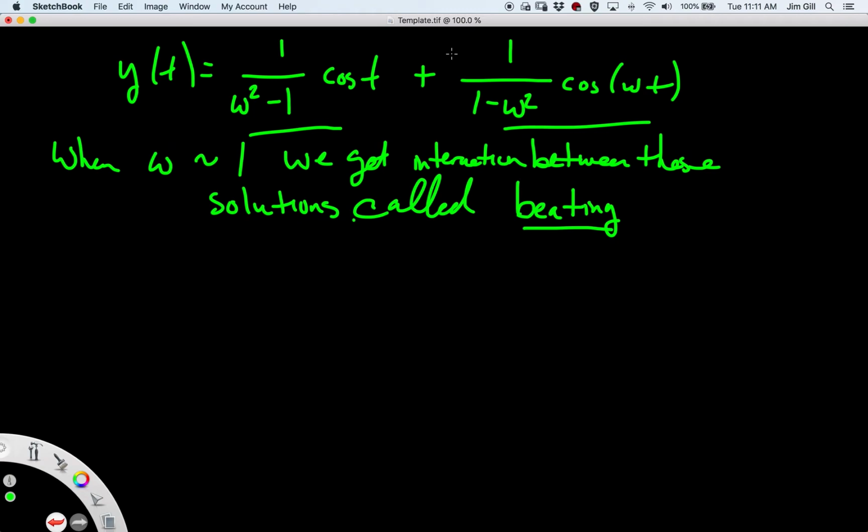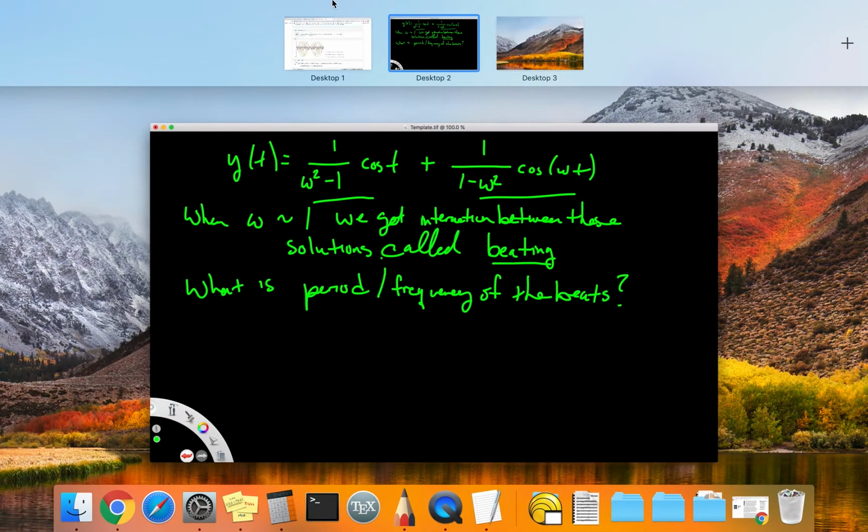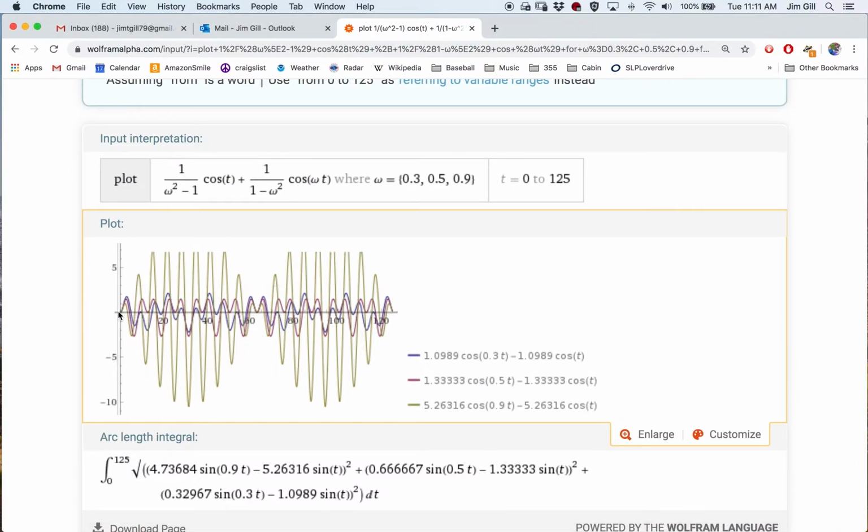Okay, so one question we could now ask is, what is the period, or an equivalent question, frequency of the beats? Right? When we look at this picture, it appears that the larger beating phenomenon will take 125 seconds thereabouts to go through one cycle.